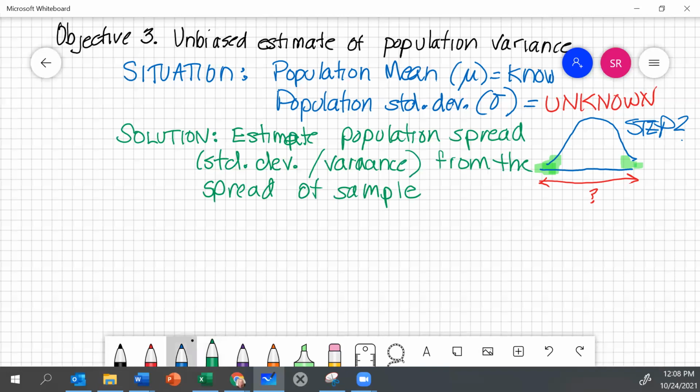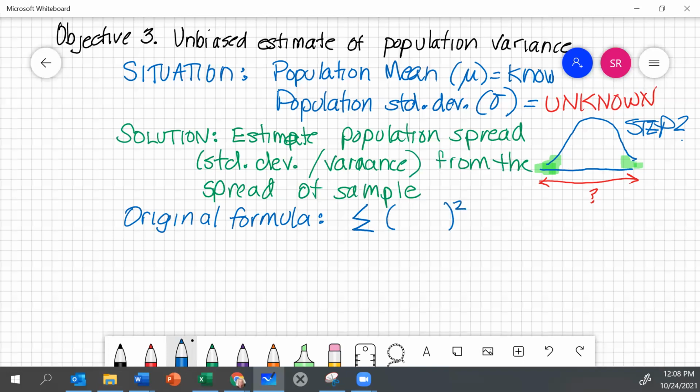In order to do this, you'll recall that our original formula for calculating the standard deviation for a bunch of data sets was simply, we take the sum of all the deviations squared.